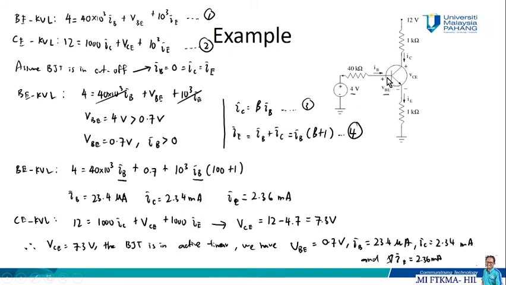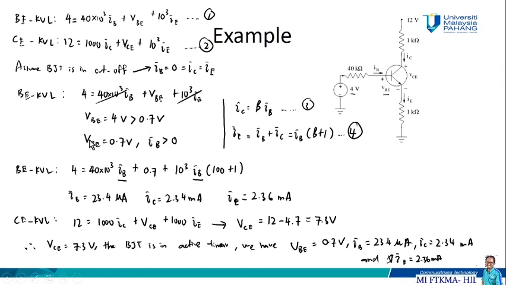So we are going to create KVL antara B dan E dan C dan E, and then we are going to assume either one, is it in cutoff or in saturation or in active, and then proceed with enforcing the value IB equal to 0, IC, IE equal to 0, and then we are going to check. Okay, for this case, the value for VBE is larger than 0.7, so we should use active region instead.